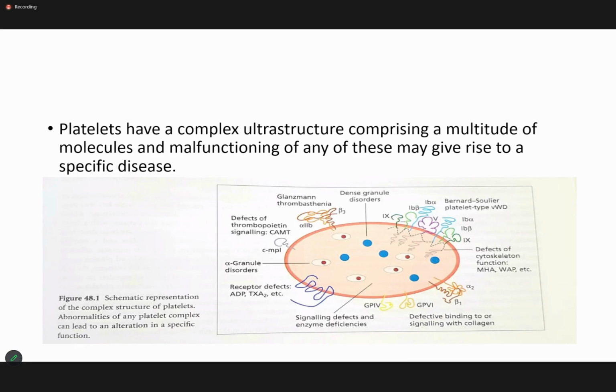If you have an abnormality of glycoprotein 1B-9 complex, then you have Bernard-Soulier syndrome. What about abnormalities of GP4 and GP6? All of these abnormalities give rise to specific diseases.